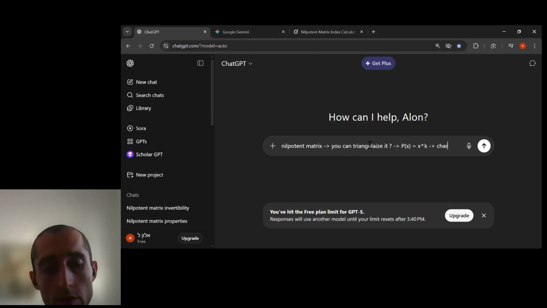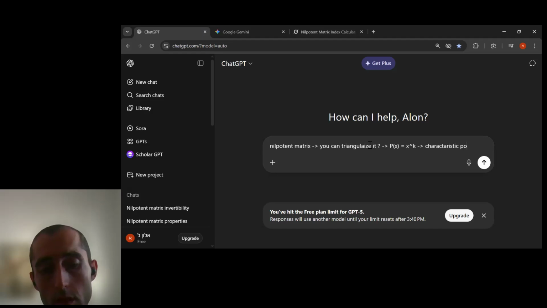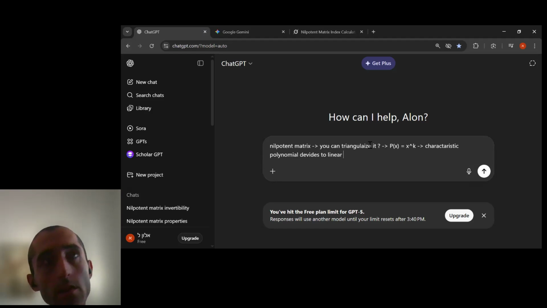So it means that the characteristic polynomial splits into linear terms. And if so, the matrix can be triangularized. Because if you remember, if the characteristic polynomial of a matrix can be separated into linear terms, then it is triangularizable.